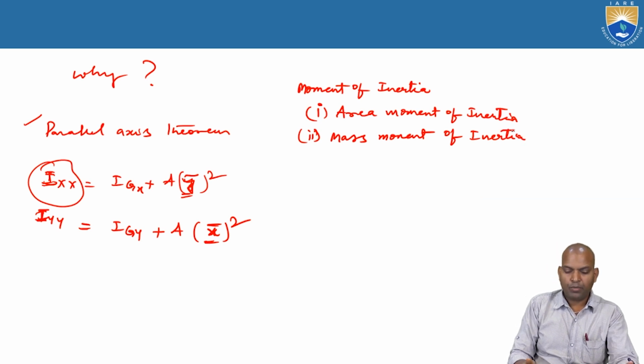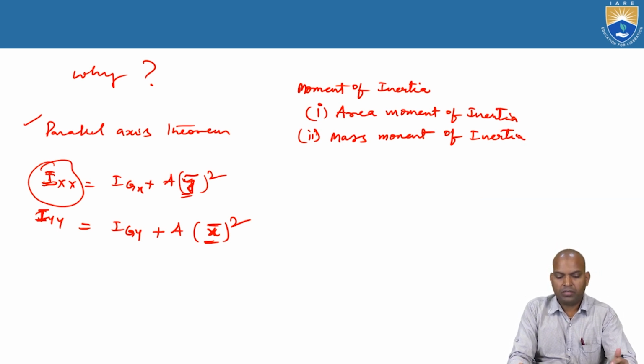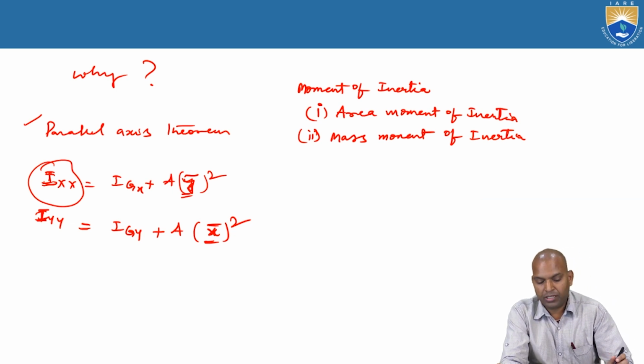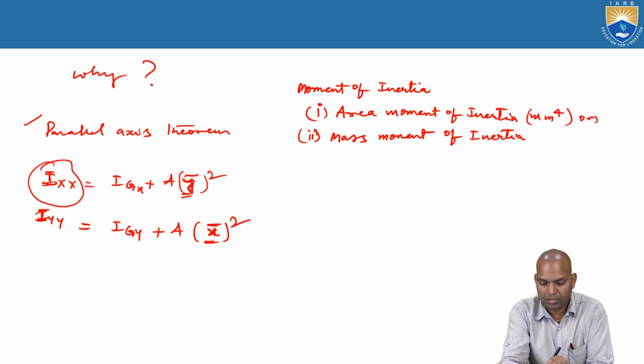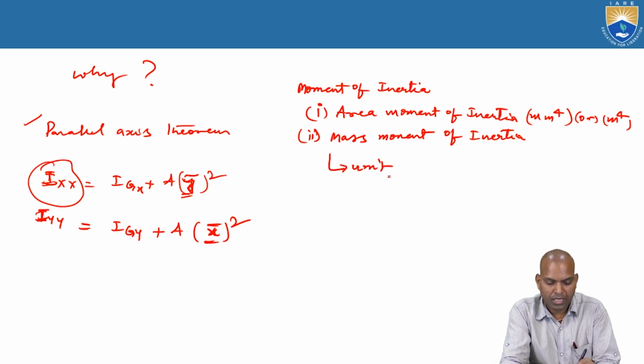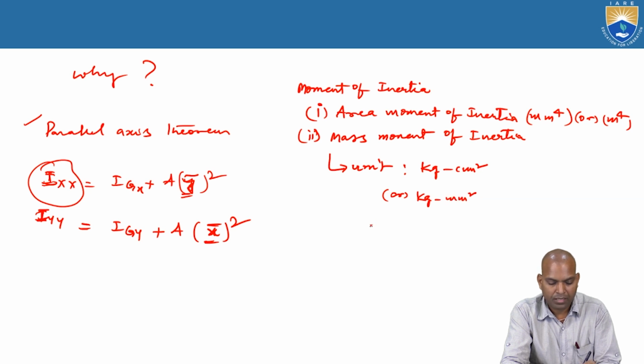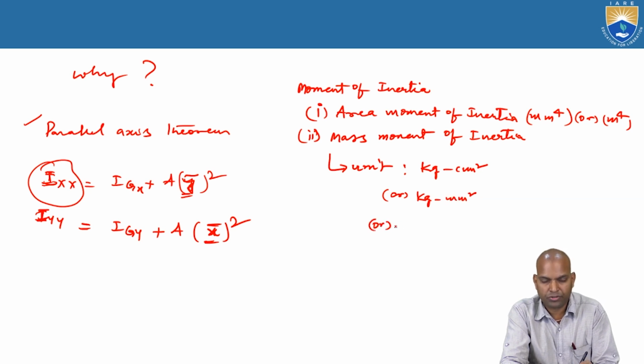Where to use the area moment of inertia and where to use the mass moment of inertia? The unit of area moment of inertia is mm to the power 4 or meter to the power 4, whereas the unit of mass moment of inertia is kg cm square, kg mm square, or kg meter square.